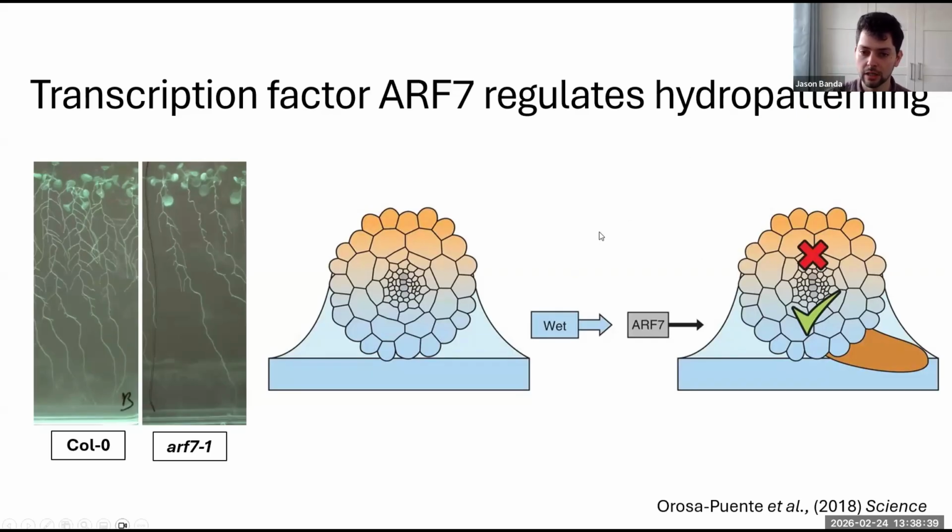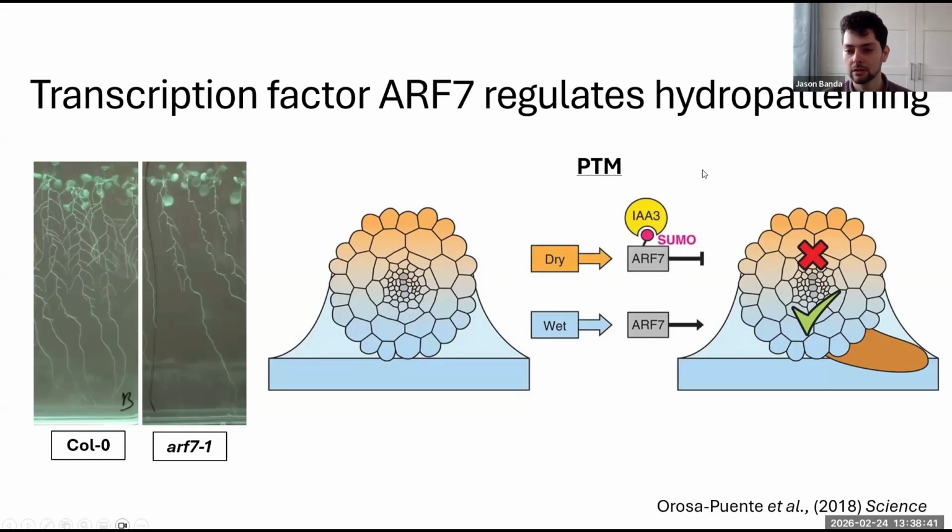However, on the dry side, we found out that SUMOylation of ARF7 is very important. So what is SUMOylation actually? It's a post-translational modification, basically a protein modification that allows the switching on and off of proteins.